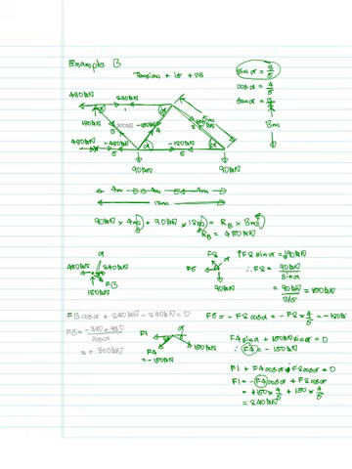So we have F3 cosine alpha, which is in the direction left to right, plus 240 kilonewtons minus the 240 kilonewtons, and that's going to be equal to 0.